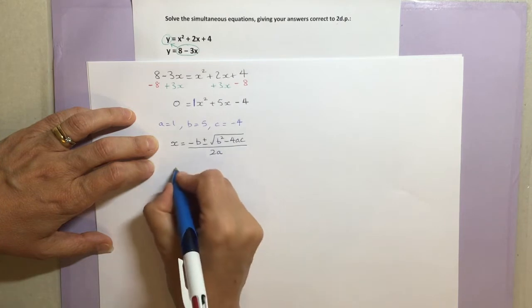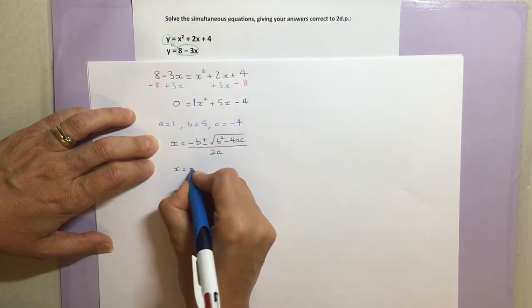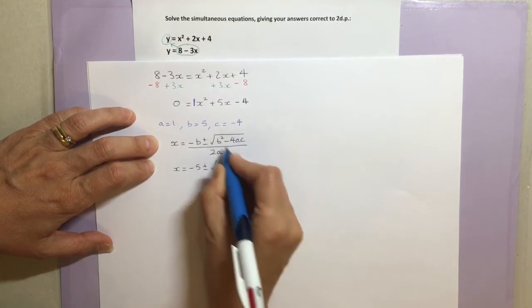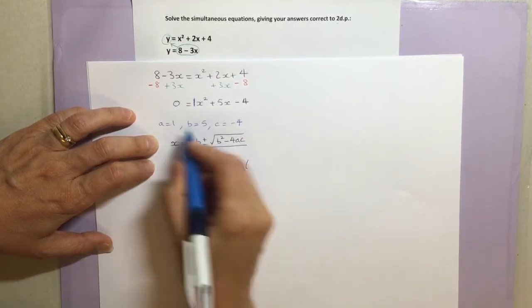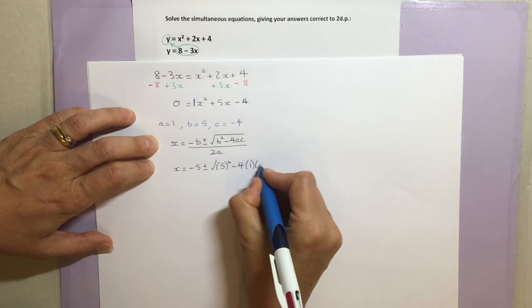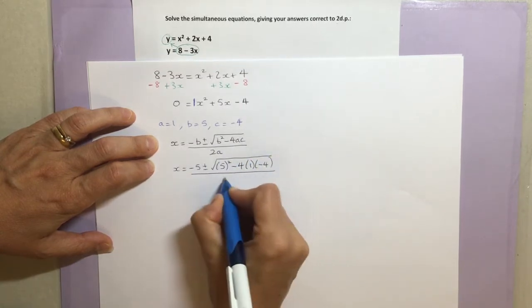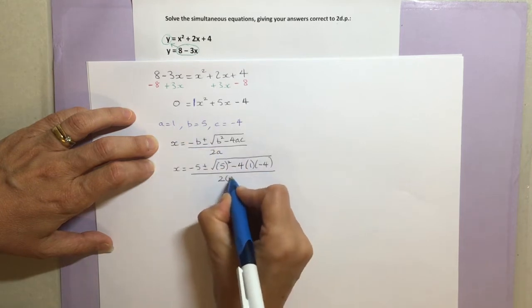And now let's substitute in. So b is 5, so minus 5 plus or minus the square root of 5 squared minus 4 times a times c, make sure you remember that negative in there, all over 2 times a.